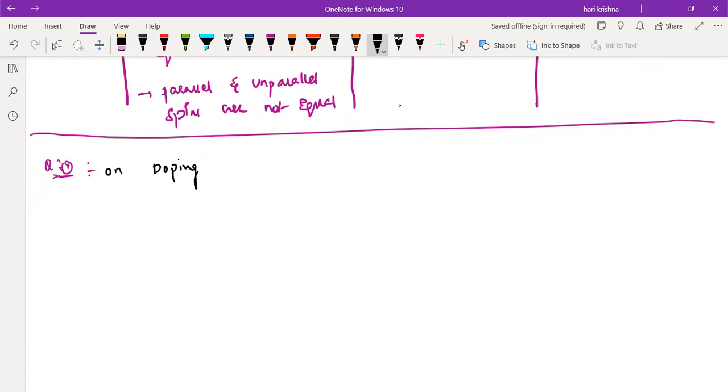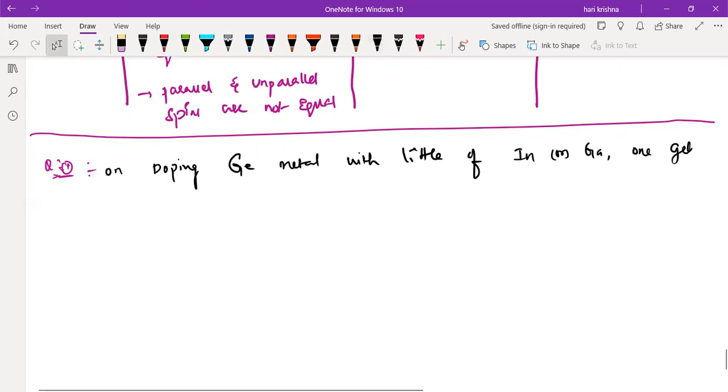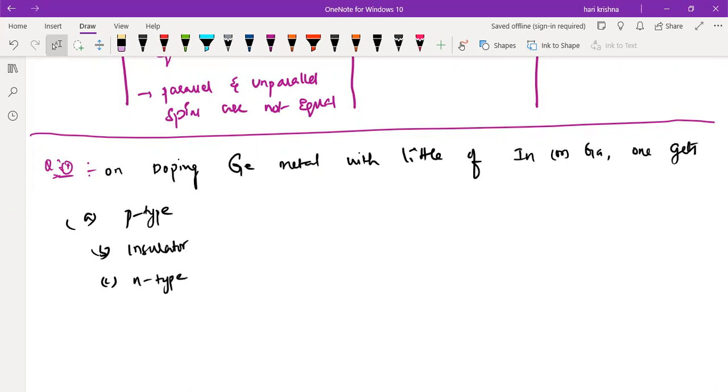So on doping germanium metal with a little of indium or gallium, one gets: A. P-type semiconductors, B. Insulators, C. N-type, and D. Rectifier. What is the answer?